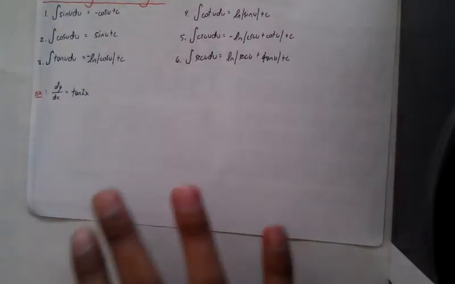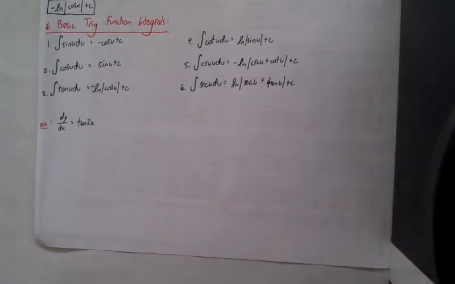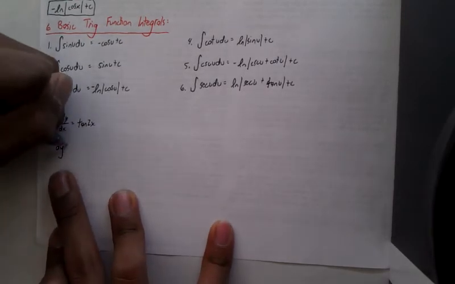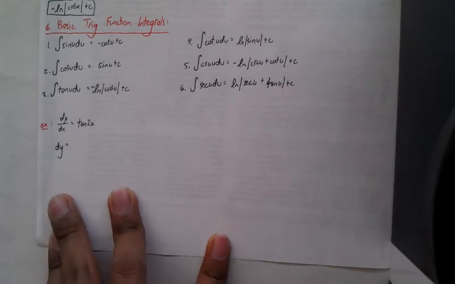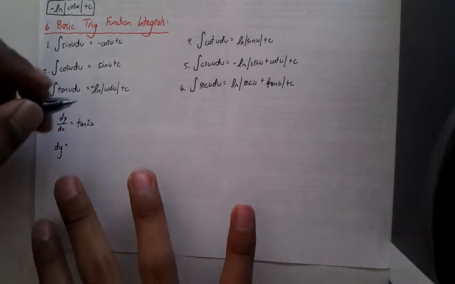So just one more example. For this one we want to solve the differential equation. So first thing we'll do is just multiply both sides by dx. When it says solve the differential equation, what it's asking is pretty much to get y equals some function.